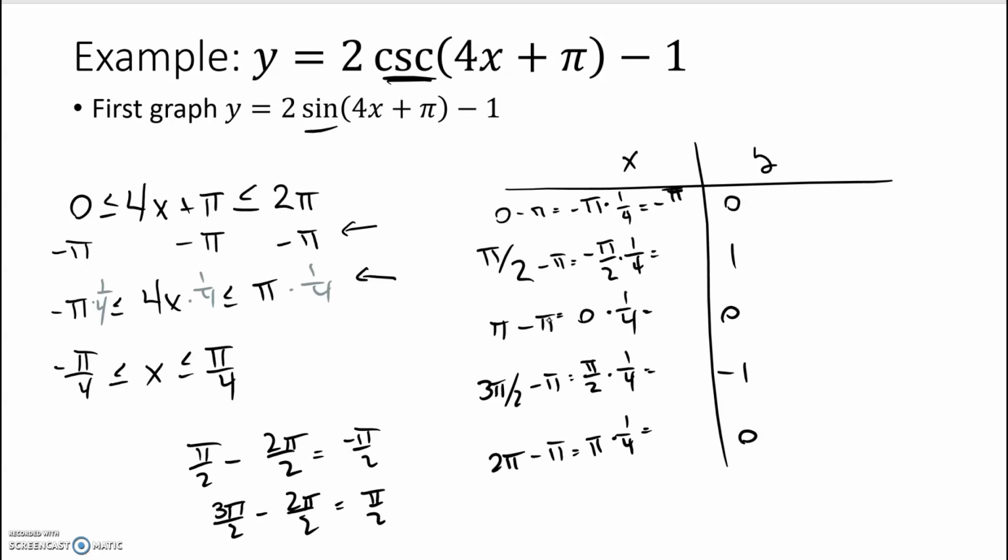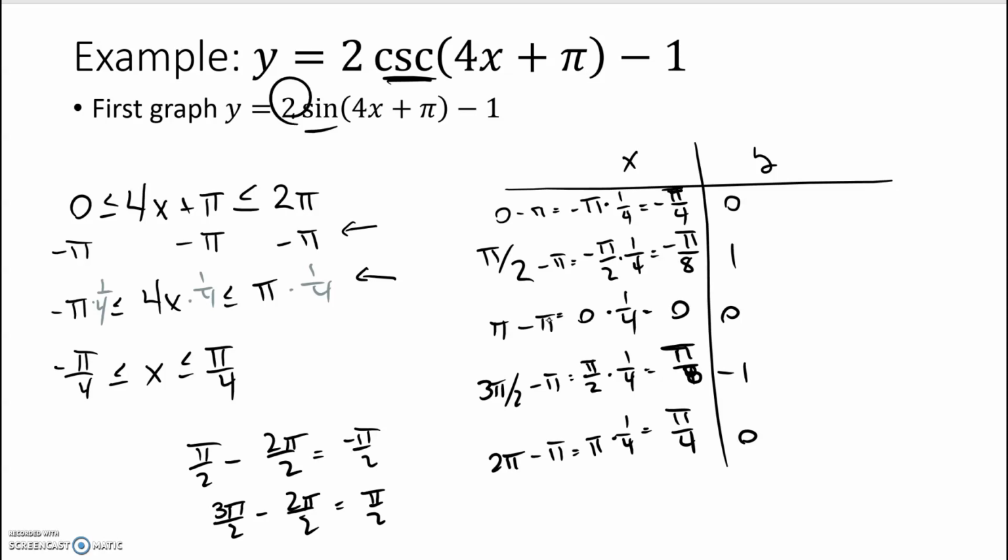Negative pi over 4. This will be negative pi over 2 times 4, 8. This will be 0. This will be pi over 4, and this will be 8, because I have a 2 times 4 there, and this will be pi over 4.